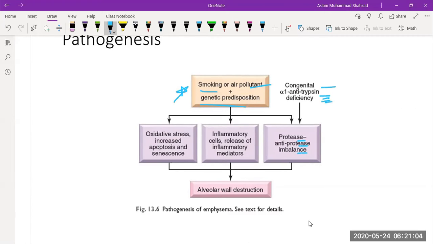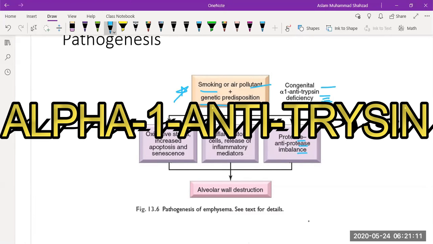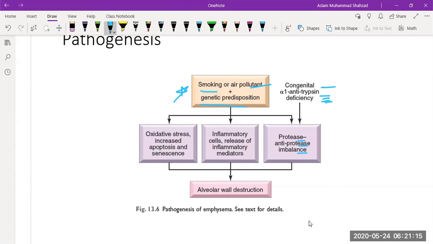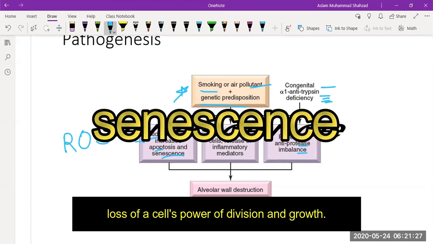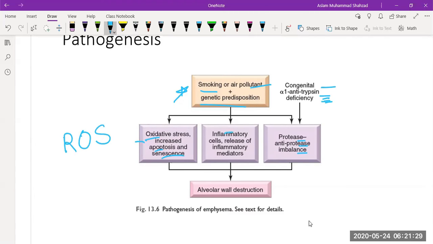So the genetic factor of alpha-1 antitrypsin deficiency is one of the factors for causing emphysema. Then we mentioned that oxidative stress increases because of cigarette smoking, because they increase ROS, reactive oxygen species, which is responsible for increasing apoptosis and senescence. Then inflammatory cells will be released. There will be release of inflammatory mediators.